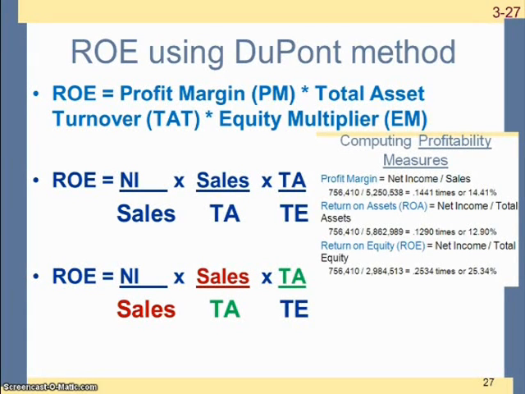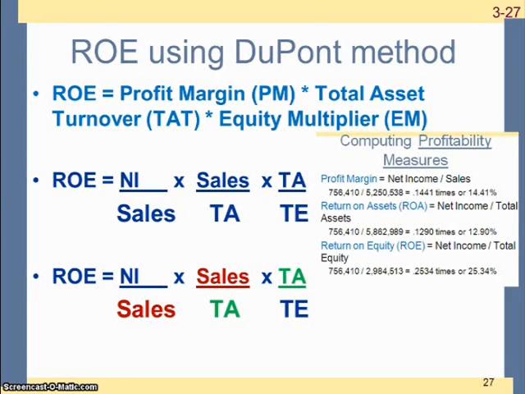Then what about sales divided by TA, total asset? That is the total asset turnover formula that you can see on slide 50. And TA divided by TE, that is the equity multiplier that you can see on slide 11.